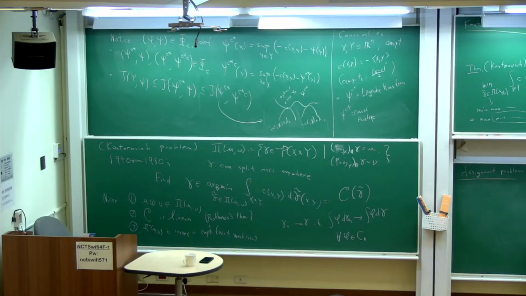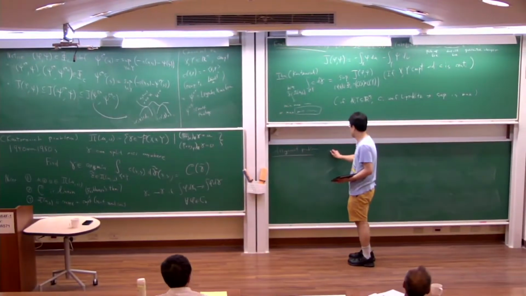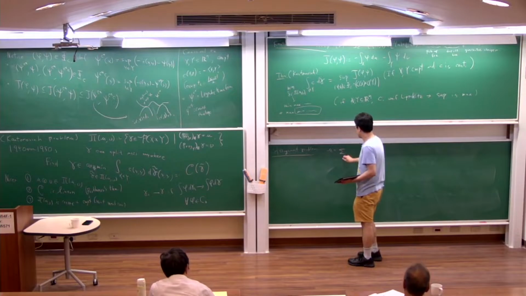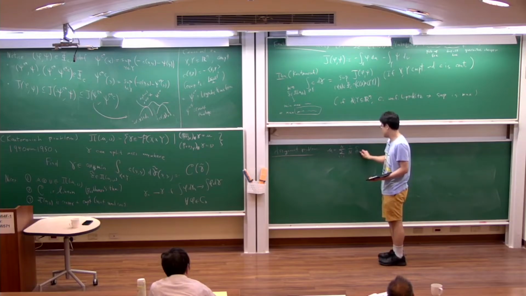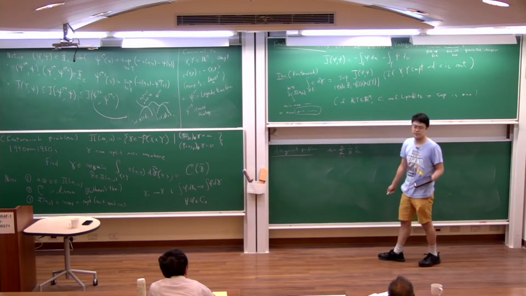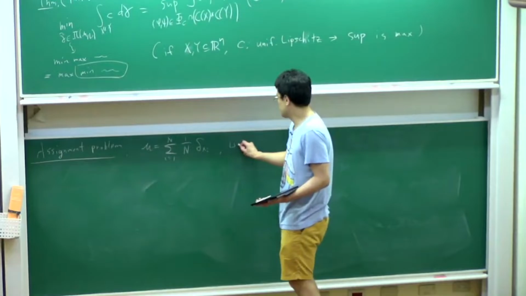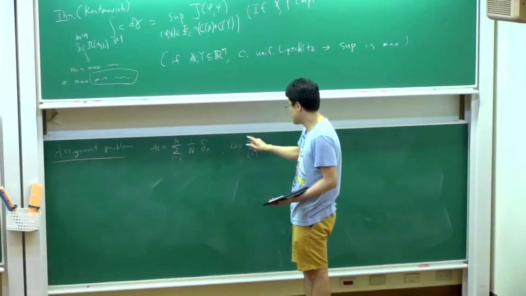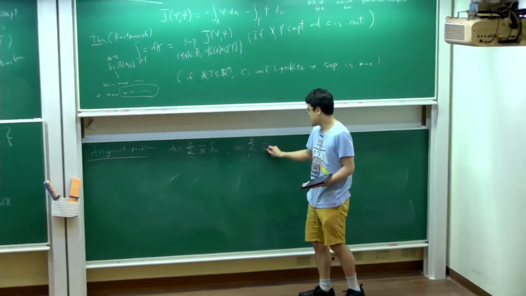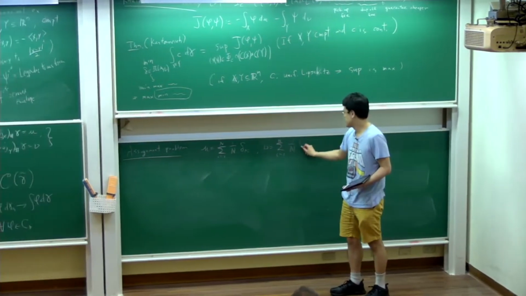So this is when I'm transporting two empirical measures. So mu is a sum from i equals 1 to n, all the weights are 1 over n, and there's some family of deltas. And nu is also a discrete measure, so it has the same number of points. And again, all of the weights are the same.